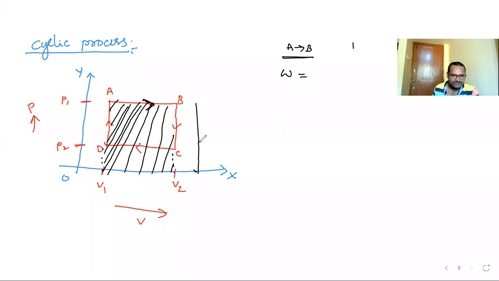This total length is P1, starting from the origin. And the breadth? From here to here, V2 minus V1. V2 minus V1 is the breadth, and it is positive.